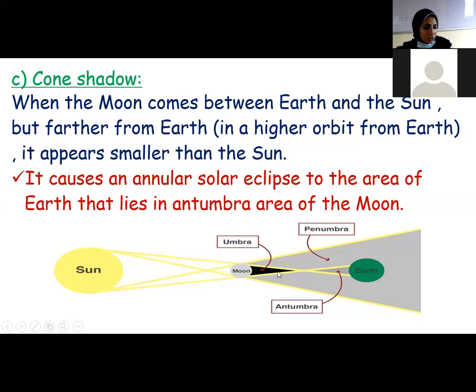So this shadow doesn't reach the earth, and another shadow is formed. Another cone shadow is formed. This shadow is called the antumbra shadow. So the antumbra shadow forms when the moon revolves around the earth in a higher orbit.